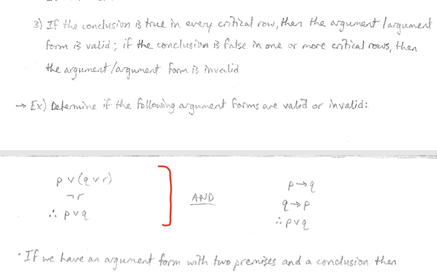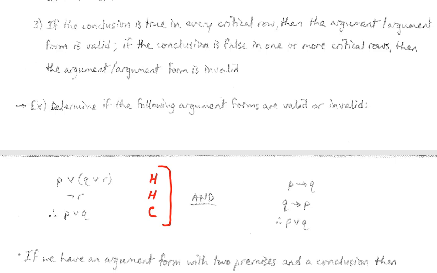All of the statement forms listed prior to those three dots are hypotheses, and what's written right after the three dots is the conclusion of the argument or argument form. So we have P or Q or R as a hypothesis, and then we also have not R as a hypothesis. And then our conclusion is P or Q.